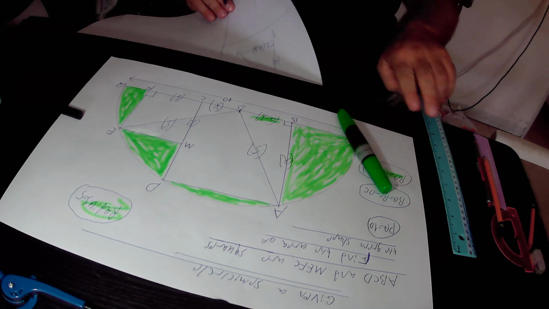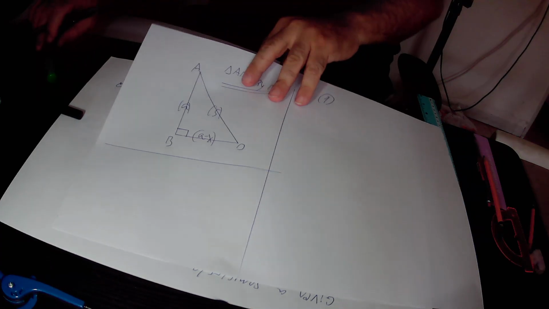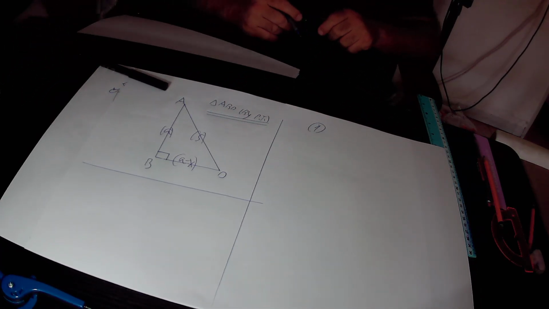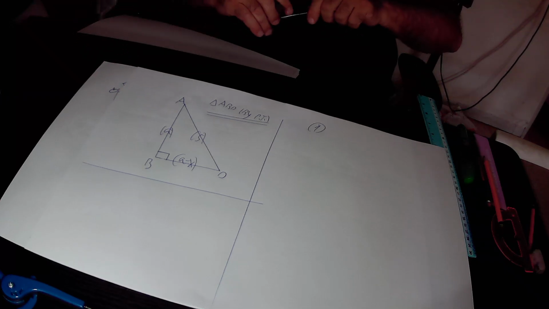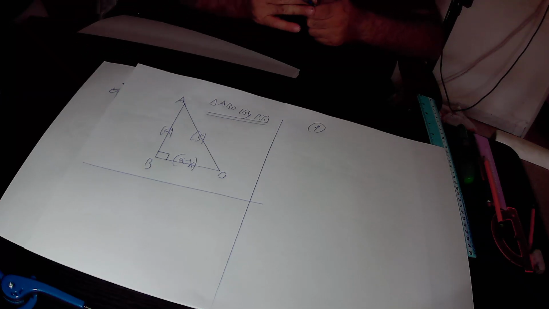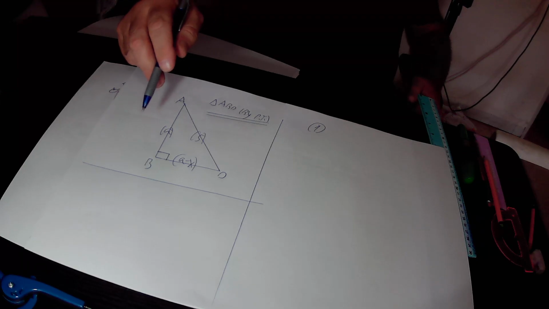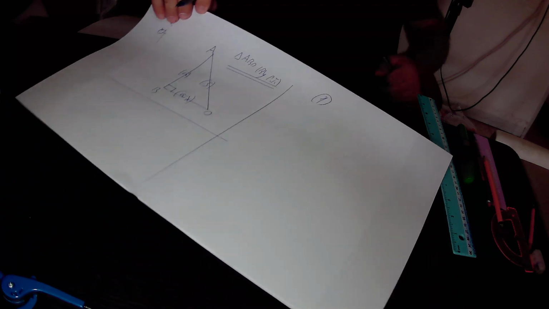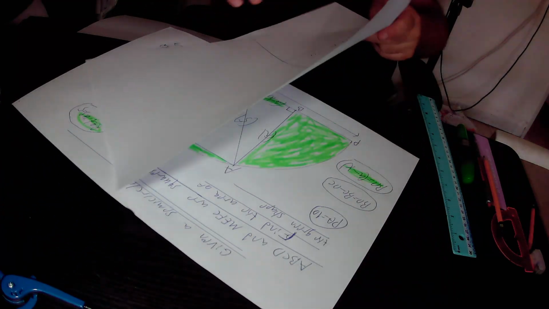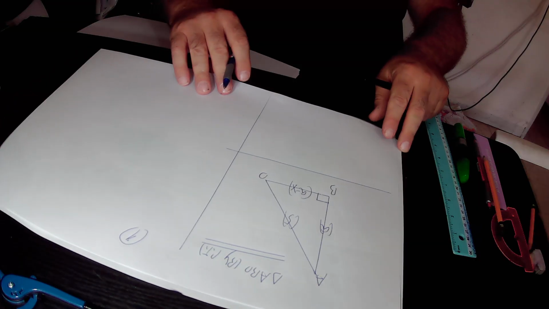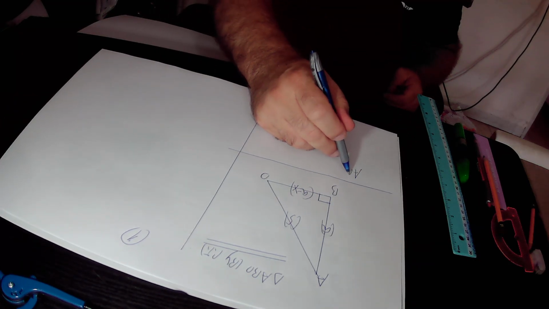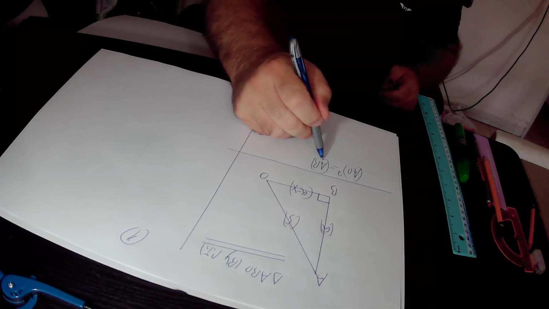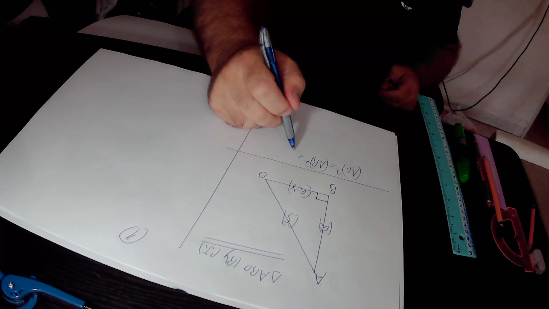So actually, this is the right triangle ABO that comes from the original drawing. According to the Pythagoras theorem, AO squared, the square of the hypotenuse, equals AB squared plus BO squared. So I write it down. AO squared is equal to AB squared plus BO squared.